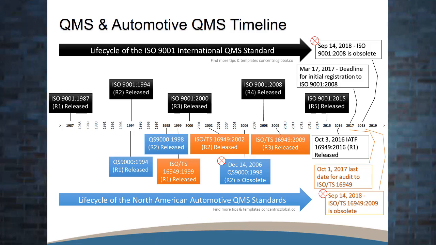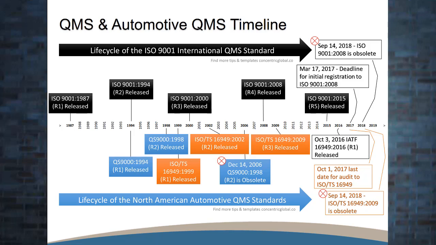Now we're looking forward, 2017, 2018. On September 14th, 2018, the ISO 9001:2008 document is obsolete. That also marks the date that the ISO TS 16949:2009 standard becomes obsolete as well.